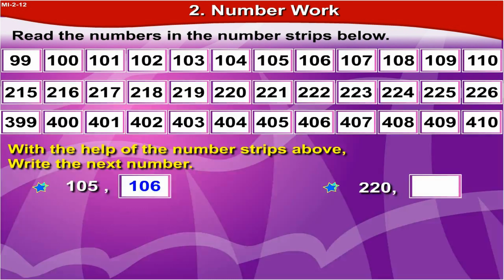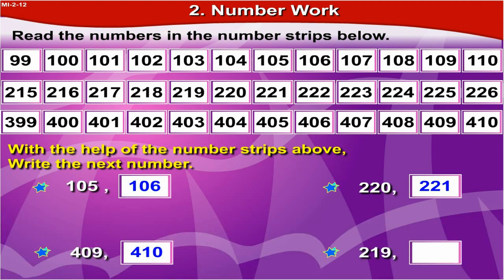The number strip shows that after 220, we have 221. Next is 409. After 409, we have 410. Next is 219. According to the number strip, after 219, we have 220.